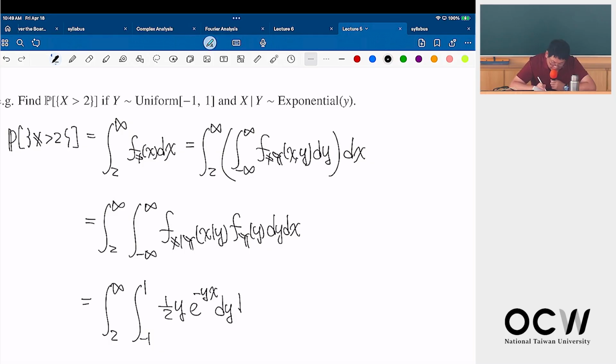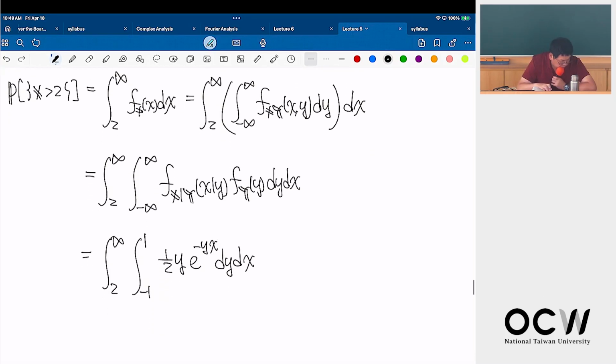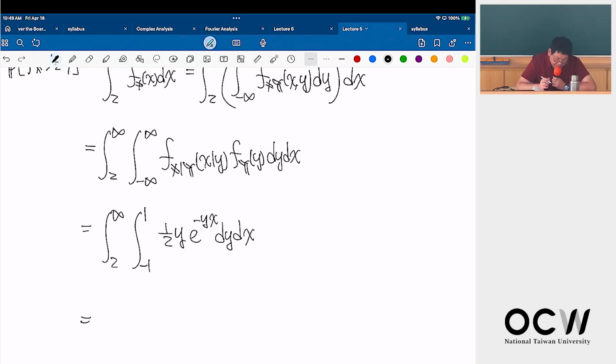So that'll be e to the minus yx. So let's separate the x and y. Let me just rearrange that. Take the y over 2 outside. Here I have 2 to infinity, e to the minus yx dx dy.